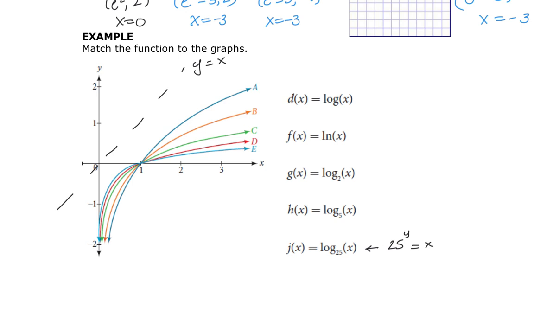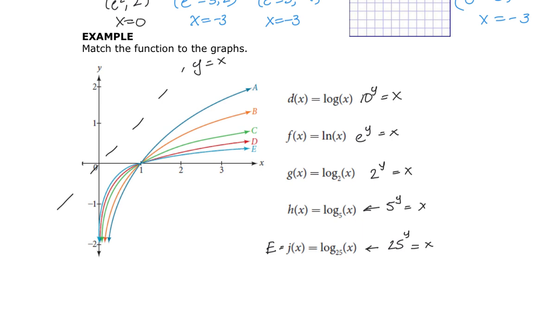That is a pretty big base, so it's going to grow the fastest for an exponential, which means it's going to grow the slowest for the log. So I know that this is e. This would have been 5 to the y is equal to x. This would have been 2 to the y is equal to x. This would have been e to the y is equal to x. And this would have been 10 to the y is equal to x.